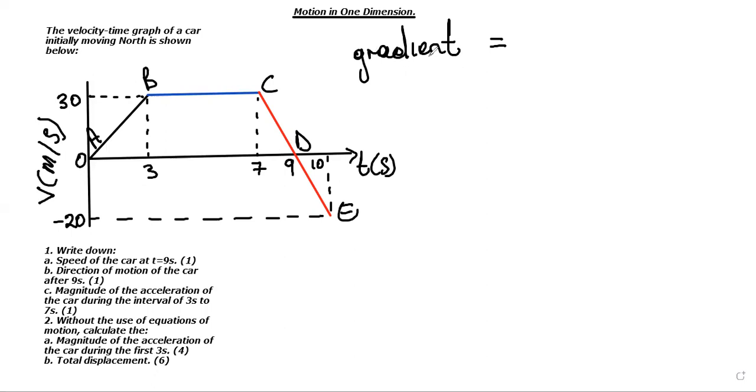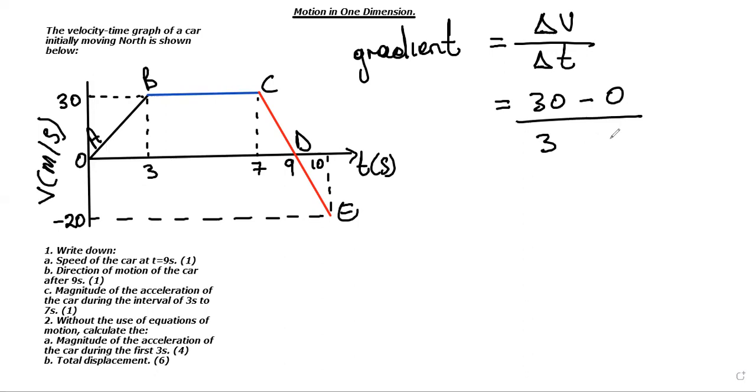But we know that gradient is change in y over change in x. So since on your y-axis you have velocity, you'll say change in v. And since on your x-axis you have time, you'll just say change in t. Then you say the final velocity is 30, initial is 0, the final time is 3, initial is 0.